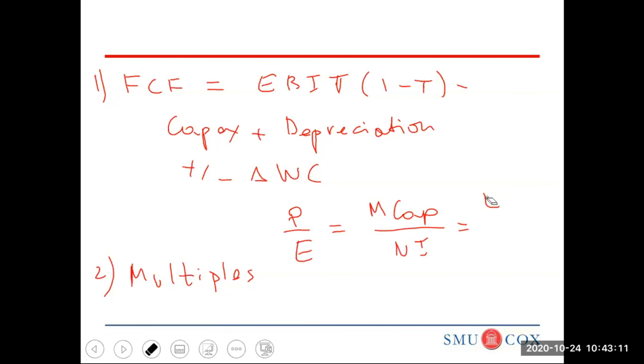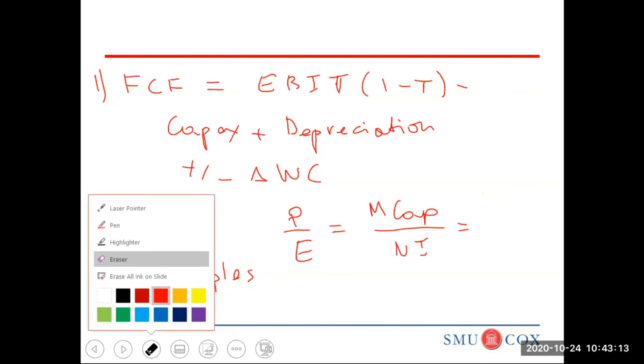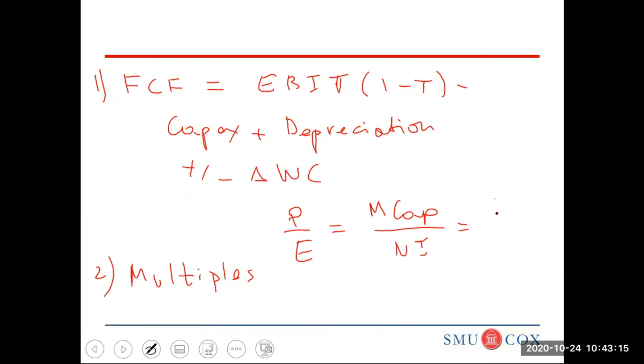If you divide market capitalization by the number of shares in the company, you get share price. And if you divide net income by the number of shares in the company, you get EPS. So that's why these formulas are equivalent.